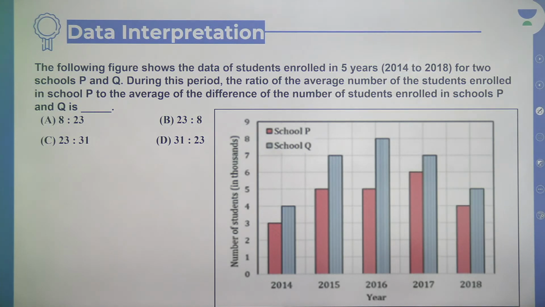Yes, Shreya, this is also a GATE question, 2020, asked in the GATE exam.